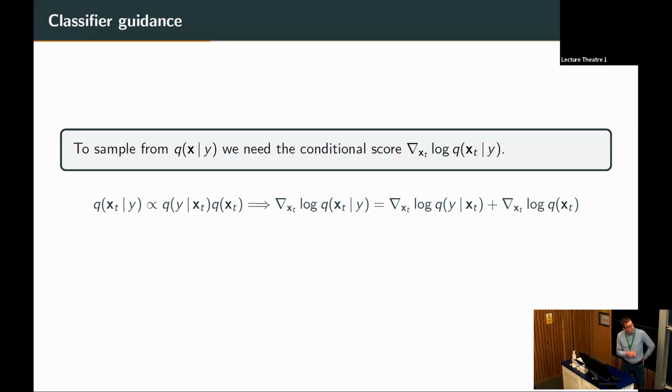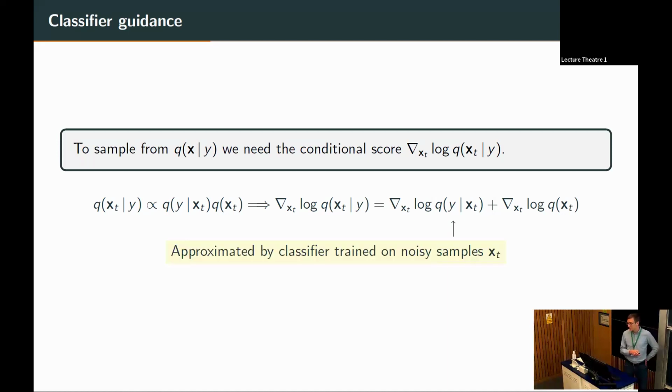The prior score we obtain using the diffusion model approaches from before, to train this unconditional diffusion model. To get the score of the likelihood term, we train a classifier which approximates the distribution of y given x. So essentially a classifier that takes in the image and then tries to classify what the image is showing.